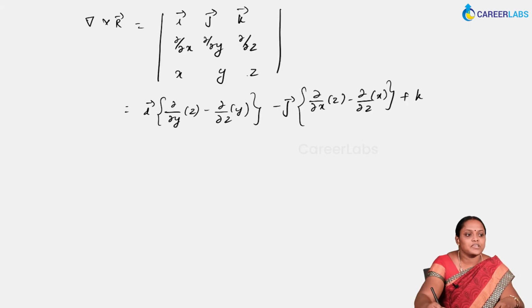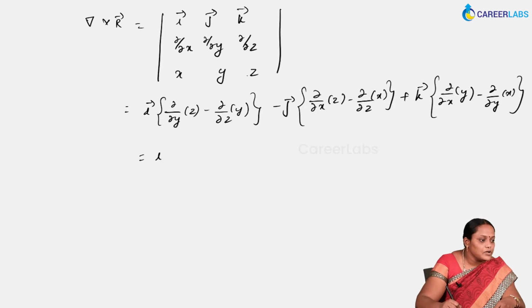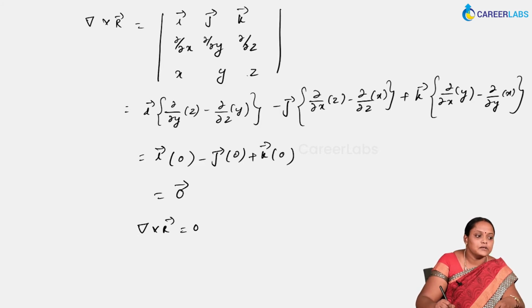Then plus k vector times dou by dou x of y minus dou by dou y of x. So, this is equivalent to i vector times 0, then minus j vector times 0 plus k vector times 0. Therefore, the answer is 0 vector. So, del cross r vector is nothing but 0 vector.